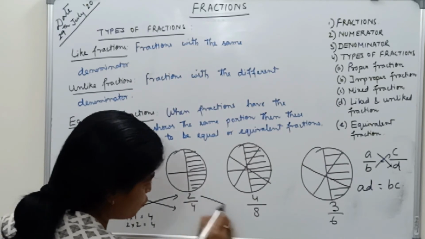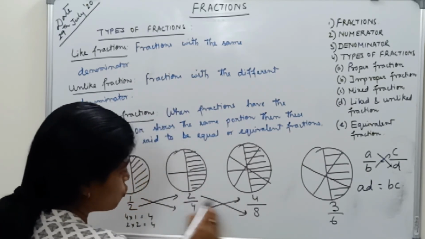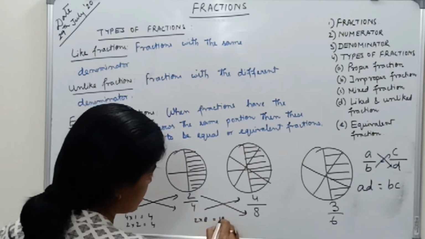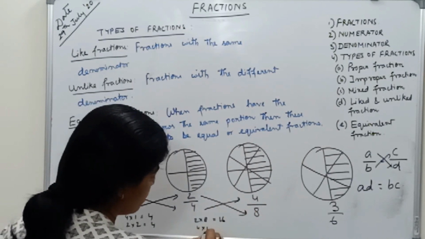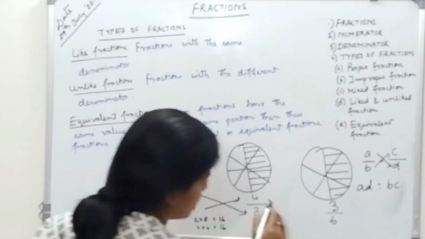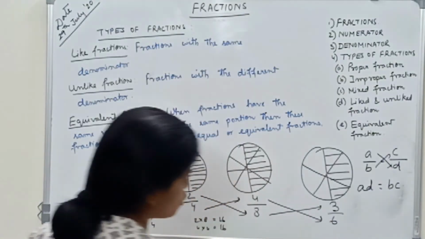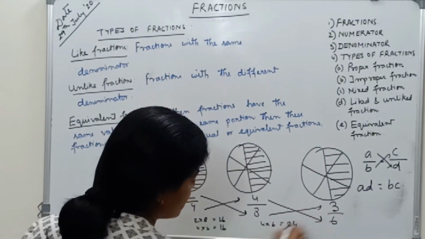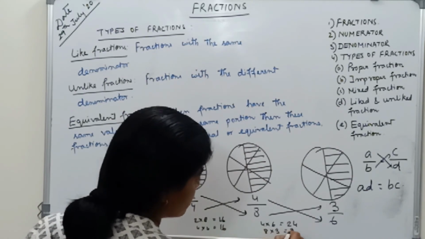Now similarly, if we cross multiply these two, 2 into 8 is 16, and 4 into 4 is also 16. So these two fractions are equivalent. Similarly, if I cross multiply these two, 4 into 6 is 24, 8 into 3 is also 24.